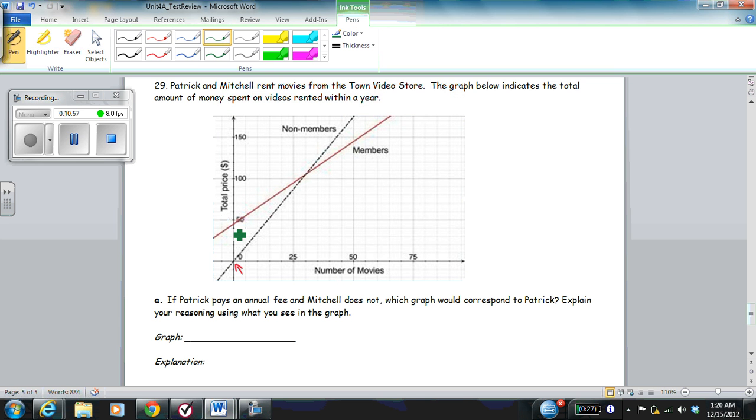So the only graph that fits that is this, because it has a positive y-intercept. So that is the members graph. So our explanation is that's the only graph with a y-intercept. So it's the only one that makes sense.